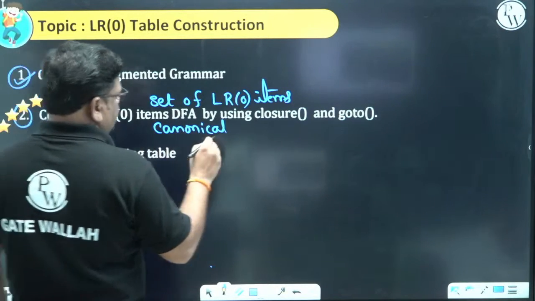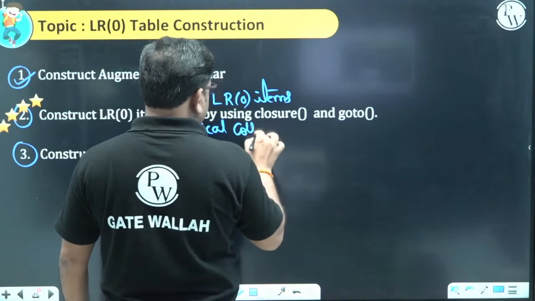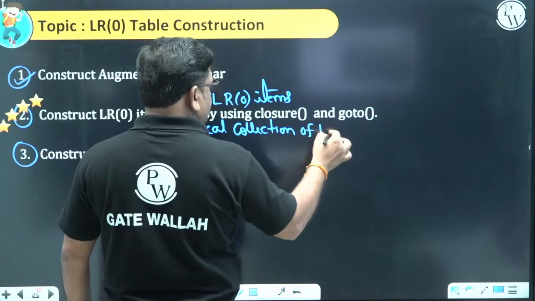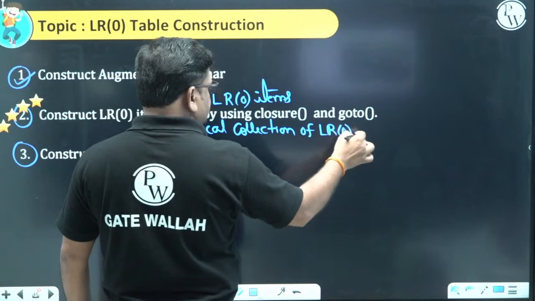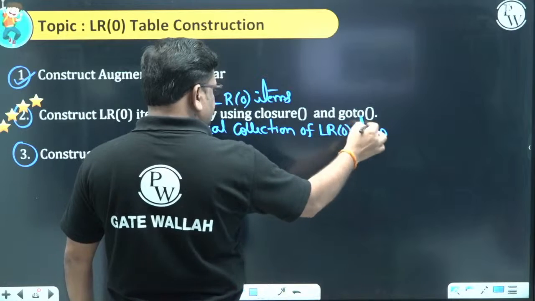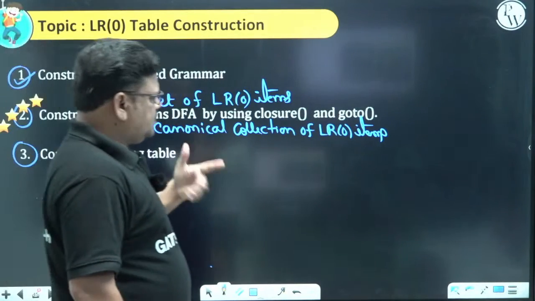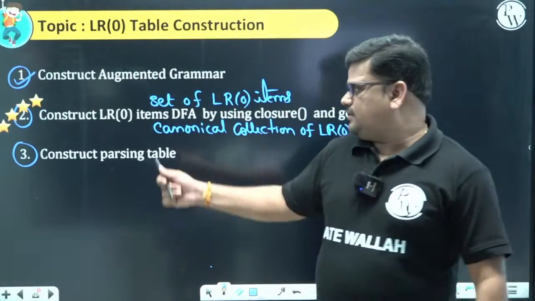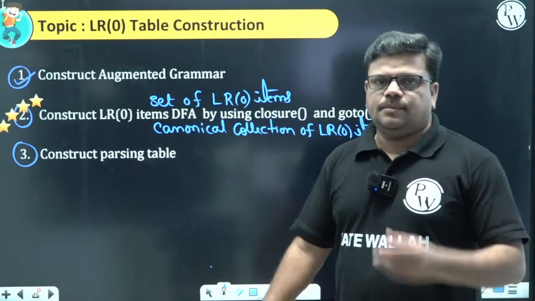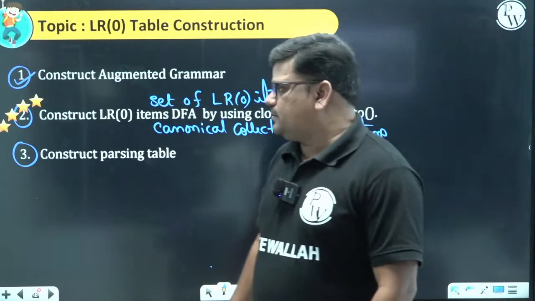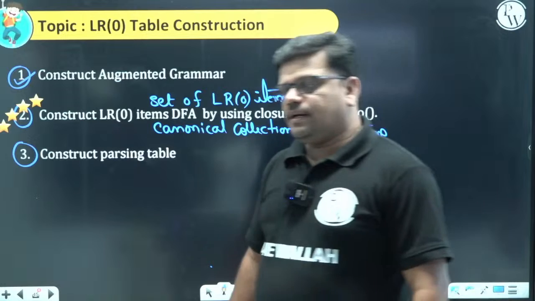Construct the canonical collection of LR0 items. I'll explain the meaning, but first listen to this. Once this is with us, construction of the parsing table is very easy. Okay, right. So let us see what this is. First, what is the augmented grammar?